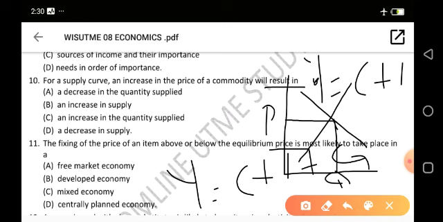Government is not involved. If government is involved, government is just there to do 3 things: print money, settle disputes, and defend the territory of the country. The free market economy is also called a capitalist economy. Now, a developed economy is just a term used in economics, it's not part of the economic system. C, yes, it's part of the economic system, where we talk about 50 percent government participation and 50 percent private participation.